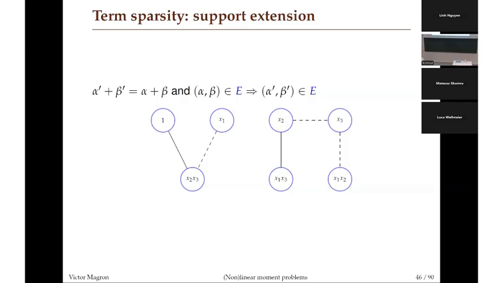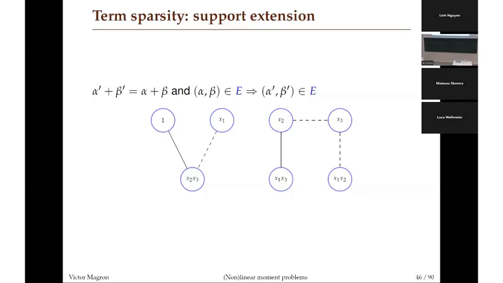And this is ensured by the fact that if you have an edge here, it means that the product x1, x2, x3 should have an associated pseudo-moment variable. So if in another component of your graph you have x2, x3, and x1, then they have to be connected as well.